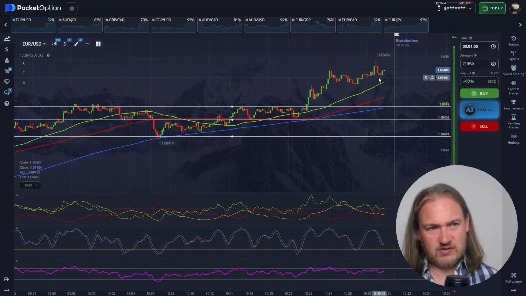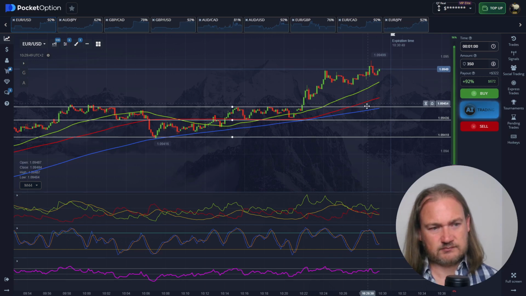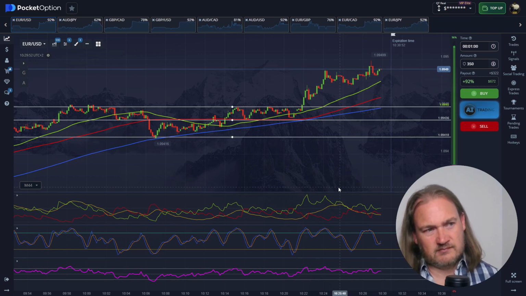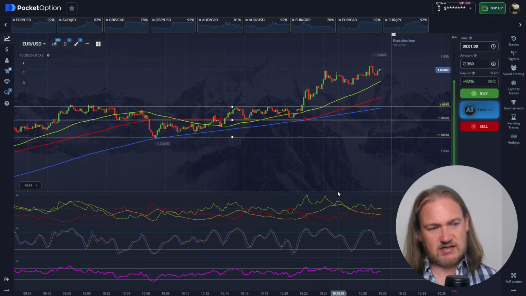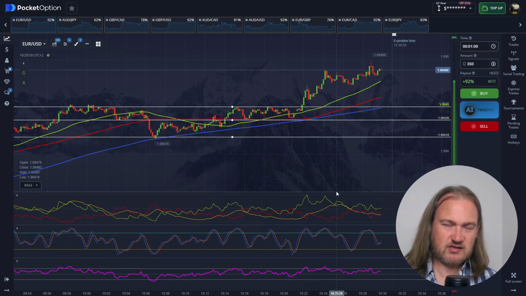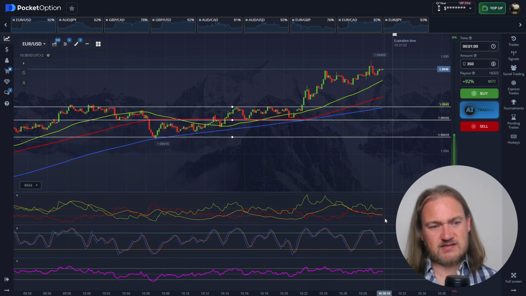I am not going to though. Because again, as we said, the conditions for taking trades are a strong direction, a strong trend in either direction, up or down. And this is not a strong trend at the moment. So that's why I'm staying out of this.